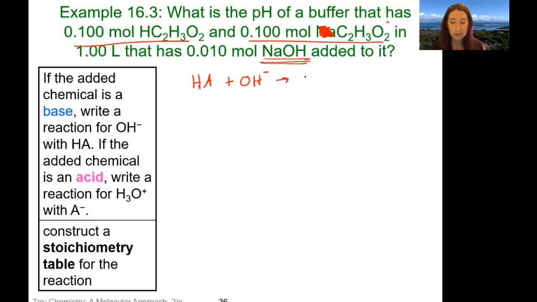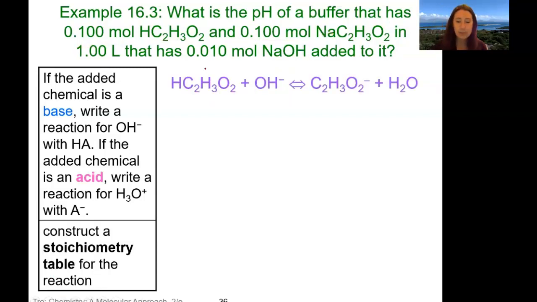When we do this, A minus plus water, acid, base, right? So that's our generic equation. Our actual equation is this, but again, it's the same thing. OH minus, A minus, water.